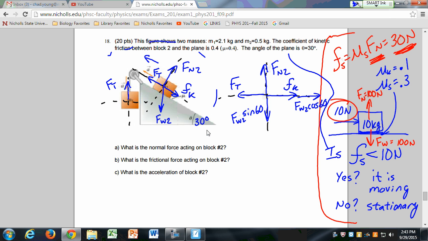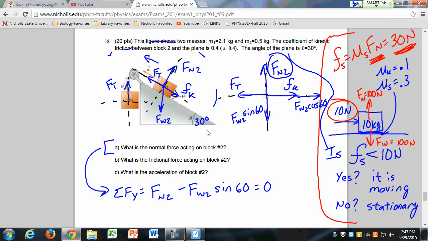So, okay, if I want to find the normal force on block 2, this is my normal force on block 2, so I know that I'm going to be looking in the y direction. So I say the sum of the forces in the y direction, that's Fn2 minus Fw2 sine of 60 equals 0. So I know then that Fn2 will be Fw2 times sine of 60.